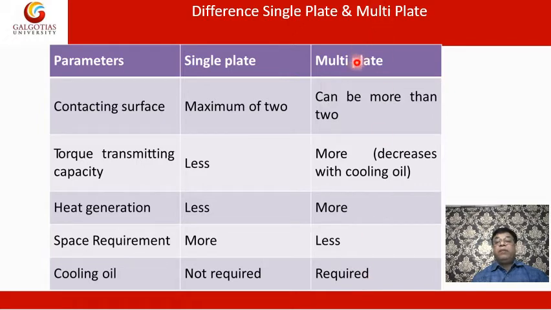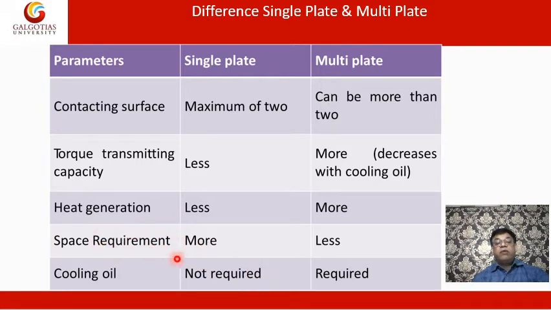So this multi-plate clutch is also known as wet clutch. Here in the single plate clutch the heat generation is less because there is only one pair or two pairs, so no need of cooling oil.